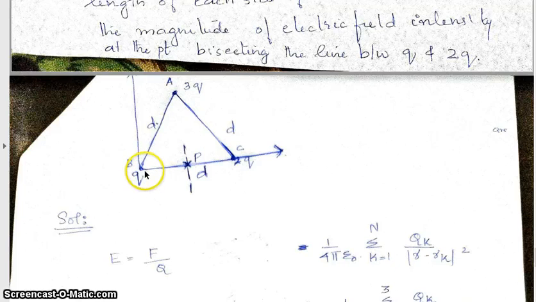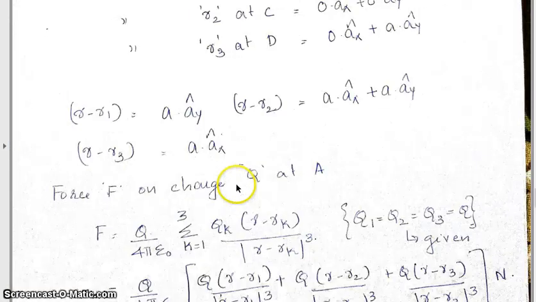At this point the coordinate will be 0, 0, and at this point it will be D, 0, right? And at this point it will be D by 2, root 3 by 2 D, the same thing we did here.